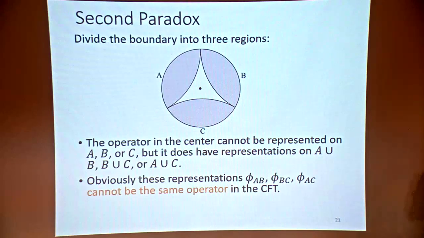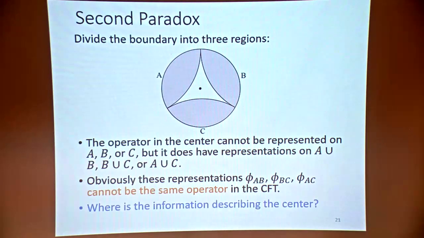They don't even have any common support. So somehow what we have done is to take the same operator in the bulk and map it to three different operators in the CFT. So how can this happen? Where is the information describing the center located in the CFT?